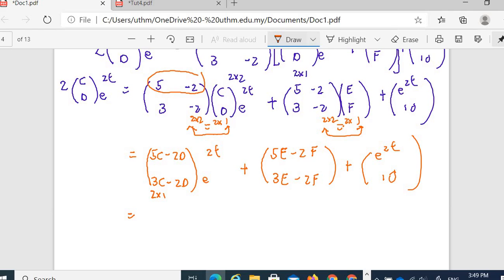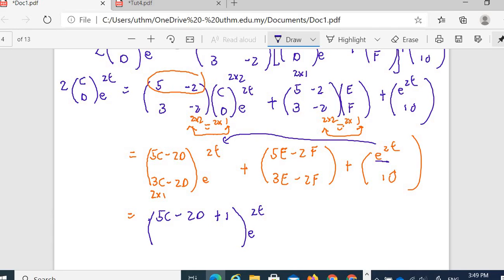So you collect these terms together. Exponent 2t is in the first row, so 5c minus 2d, and I have one time of exponent 2t, so plus 1, exponent 2t.